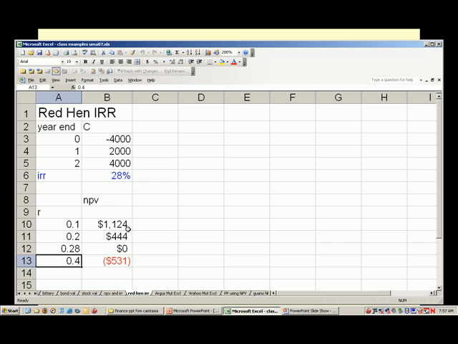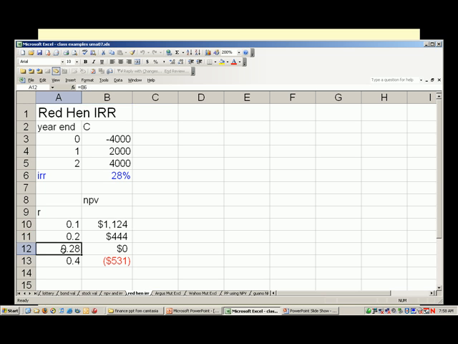I won't bother to recalculate all of the net present values associated with these discount rates, but you can see what happens. When we have a discount rate, say of 10%, that's lower than our calculated IRR, we'll have a very positive net present value. When we have a discount rate that's somewhat higher but still lower than the internal rate of return, we have a positive but somewhat lower net present value.